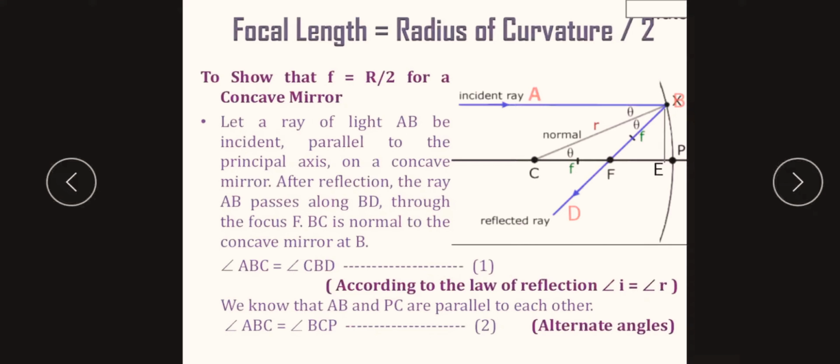Let us consider a ray of light AB incident at a point B, and this ray AB is parallel to the principal axis.